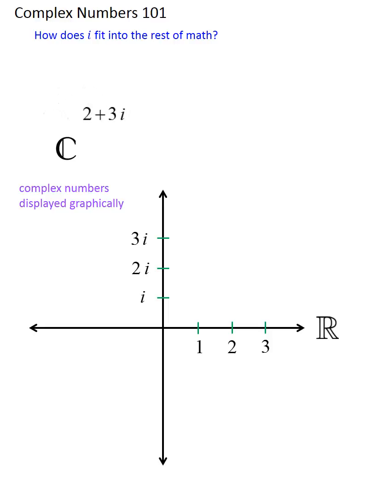In this construct, we could take any complex number, such as 2 plus 3i, and imagine that it corresponded to an actual point in our traditional graphing or traditional Cartesian coordinate system.